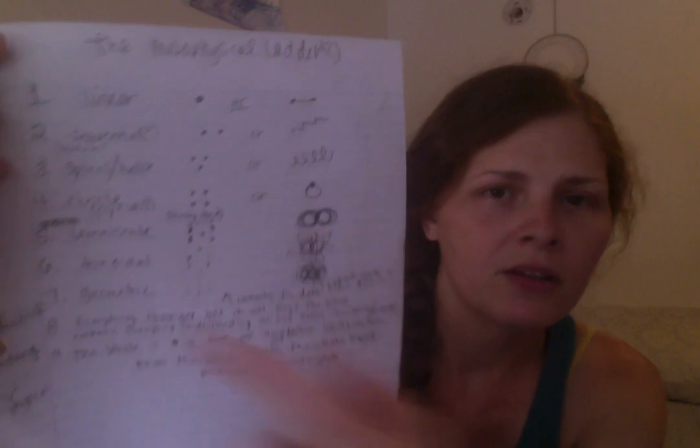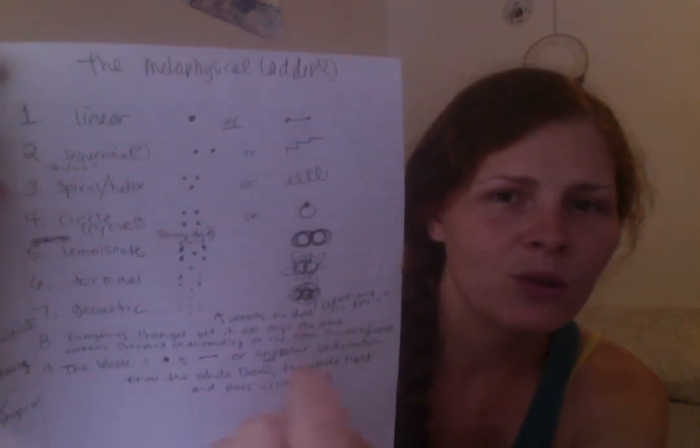The 5th view is the lemniscate. The 6th view will be the toroidal.